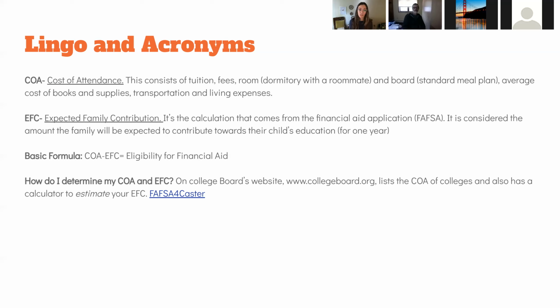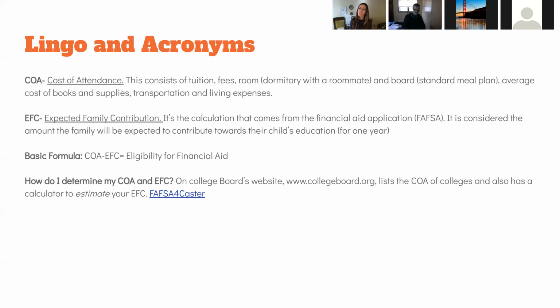EFC is expected family contribution or estimated family contribution. This is basically a calculation that comes from the federal government. They use a formula to determine what your family's eligibility for need is, based on what they believe, based on your financial figures, you can afford to pay for college.